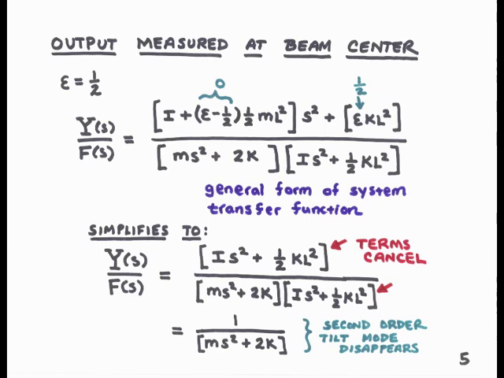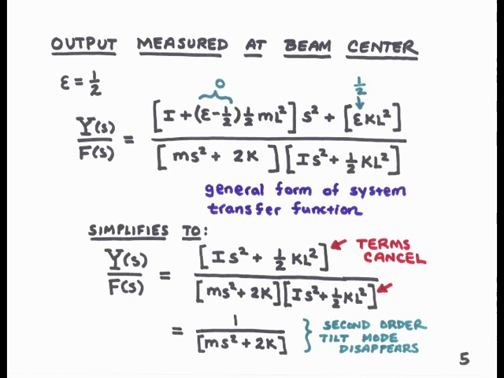And when we substitute epsilon equals 1/2 into this, the transfer function simplifies as follows. The numerator will be is squared plus 1/2 kl squared. And the denominator will be ms squared plus 2k times is squared plus 1/2 kl squared.